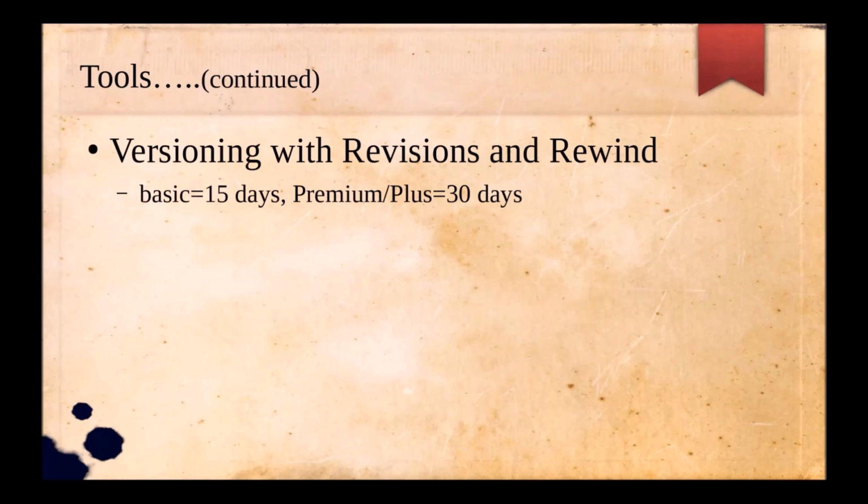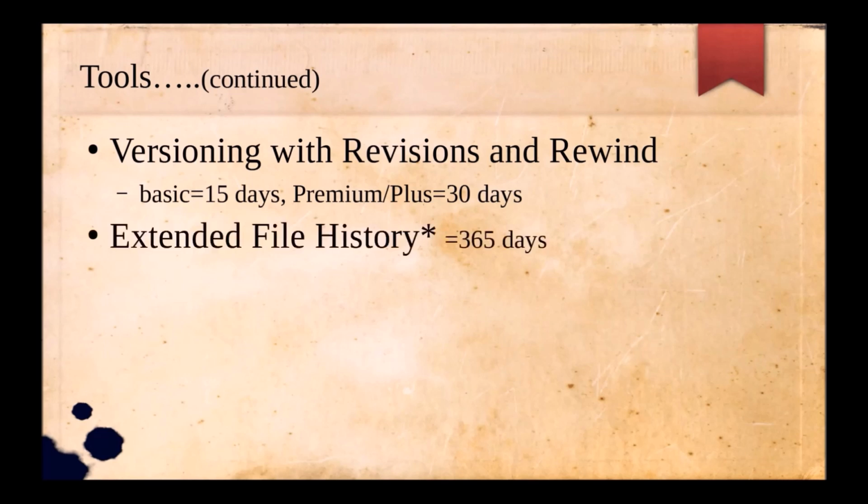With rewind, I can go back to a specific date and time and see all of the files that were on the system at that time and access those. Again, it's the 15 and 30 day limit.